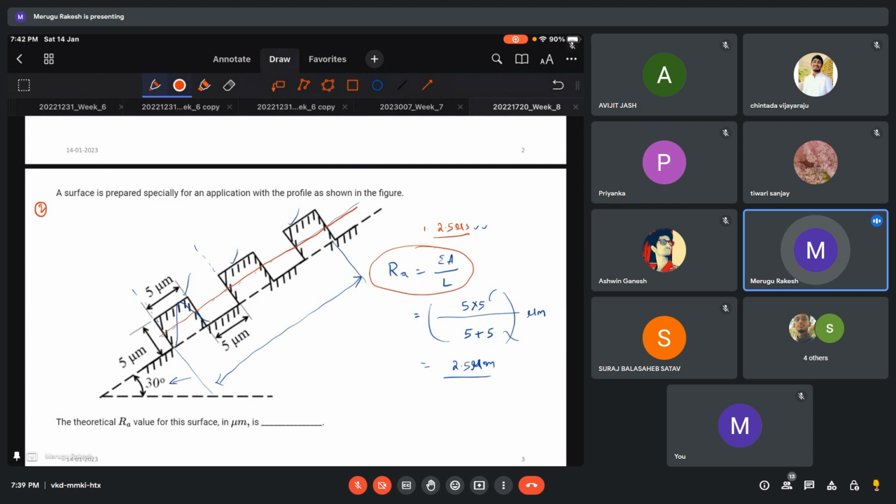Even if you take the sum of area by length, that also works. But in general, we take a center line and calculate the peak and valley heights. I think you can try at the bottom also, and it should give the same value, because at the end of the day, you are doing the same thing everywhere: summation of area, summation of the peaks divided by length, or the number of peaks.